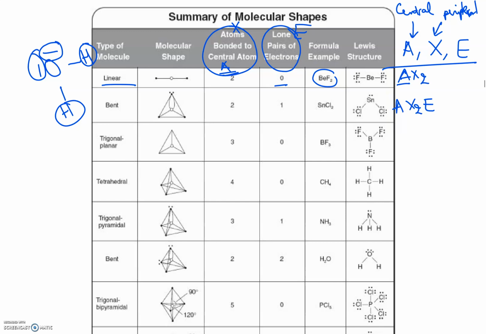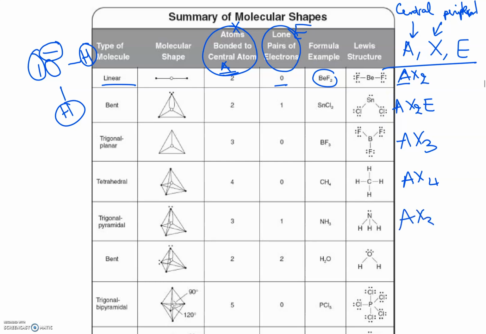Okay? And AX3, the shape will be trigonal planar, like BF3. In the case of AX4, it's tetrahedral, like CH4, 1 central atom C and 4 peripheral atoms attached to it.